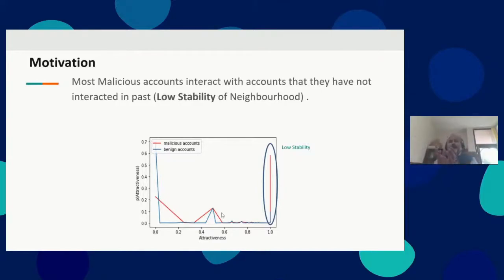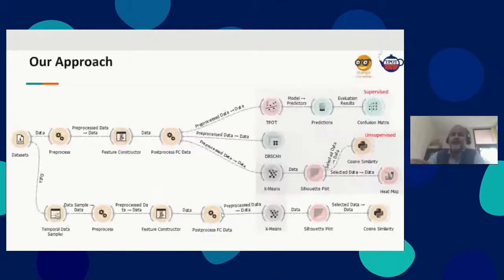So what we say is that malicious accounts show a very low stability of neighborhood. That is, they always tend to interact with newer and newer accounts, and that is something we also noticed.